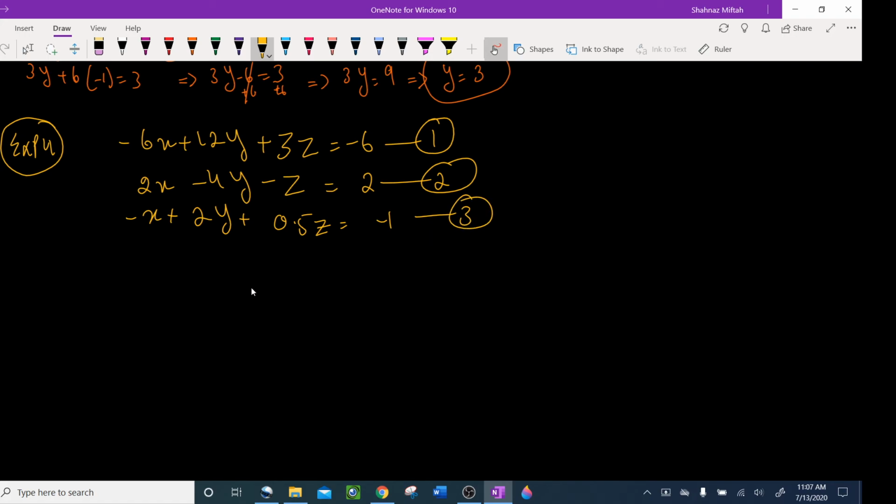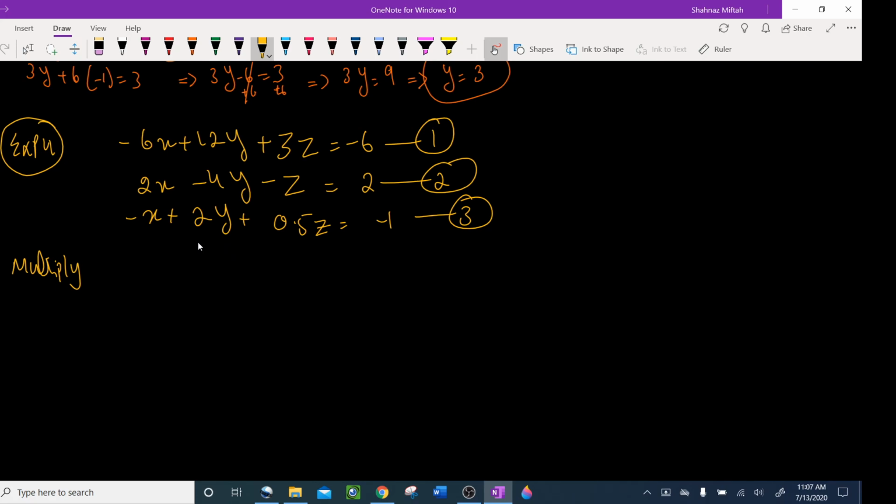Now, let's check what we can do. We can multiply. Do you see the 6x, 2x, and x? 12, 4, 2, 3, 1, 0.5. I can eliminate x using equations 2 and 3, right? It is not really important which variable you want to eliminate.